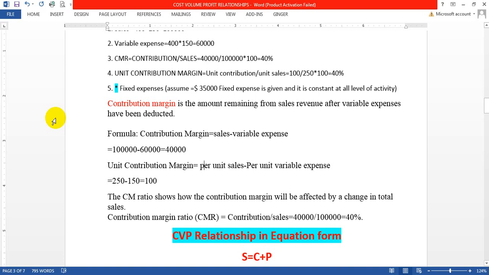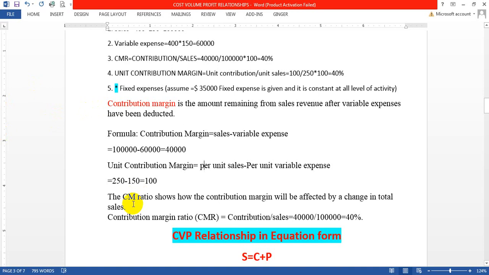For each dollar increase in sale, total contribution margin will increase by 40 cents, right?